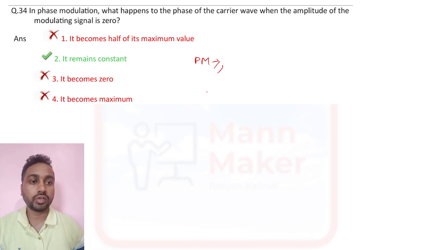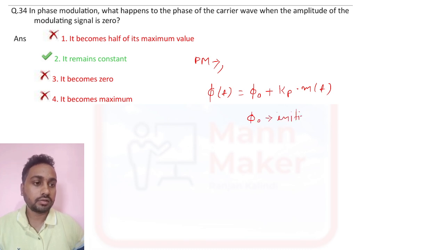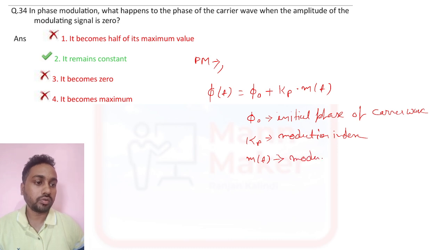If you see the phase modulation general formula, it will be phi 0 plus kp m of t, where this phi 0 is the initial phase of carrier wave, and this kp is your modulation index of phase modulation, and this m of t is the modulating signal.